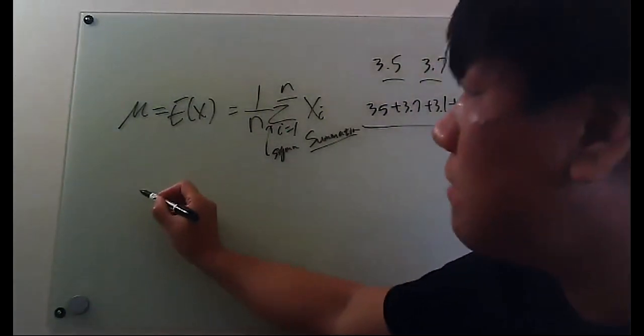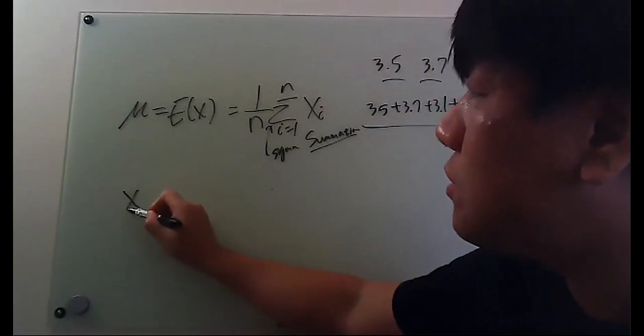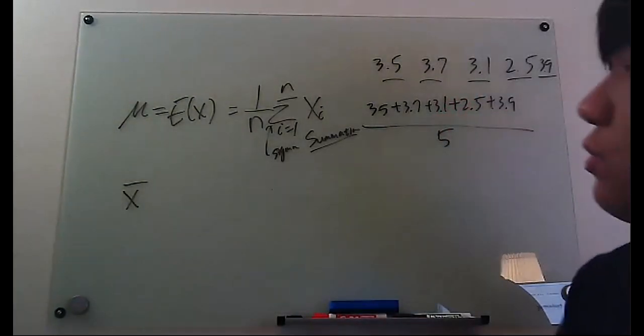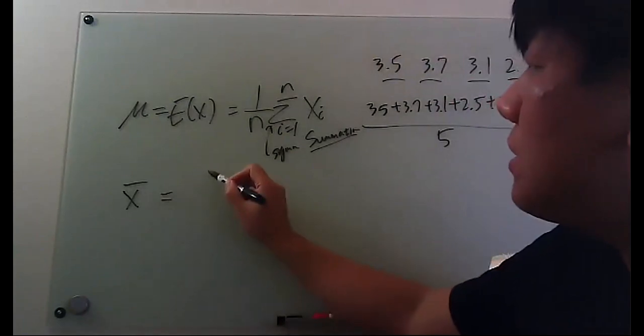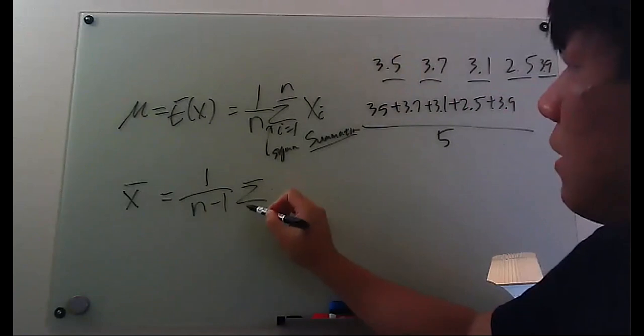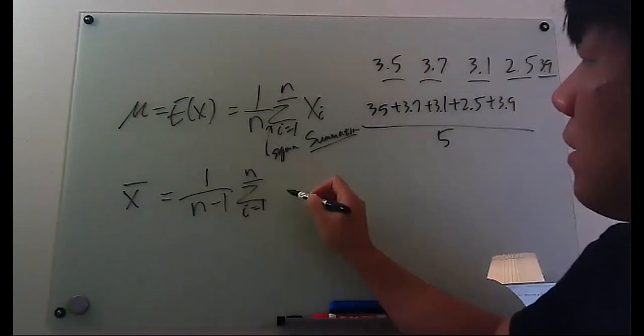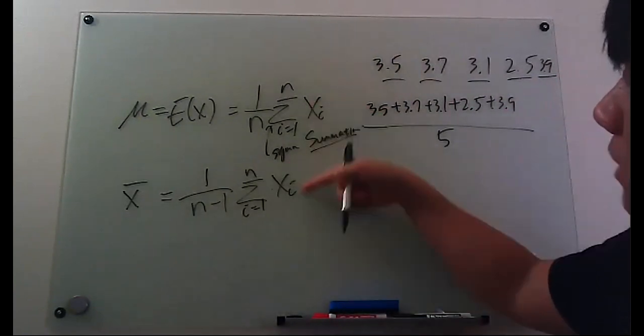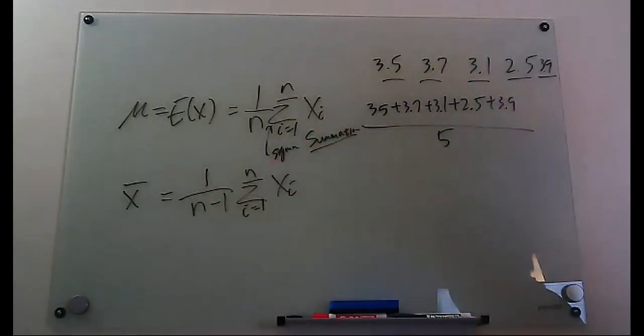If you want the sample average, it's usually x bar. You calculate this by 1 over n minus 1, sigma i equals 1 to n, of xi. Same thing as over here, but you divide by n minus 1.